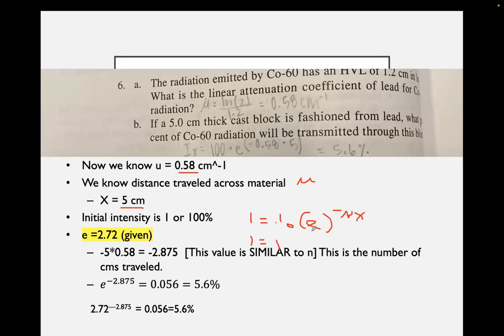And then we know that e is 2.72, because that's just a given number. And then negative mu is 0.58, and x is 5.